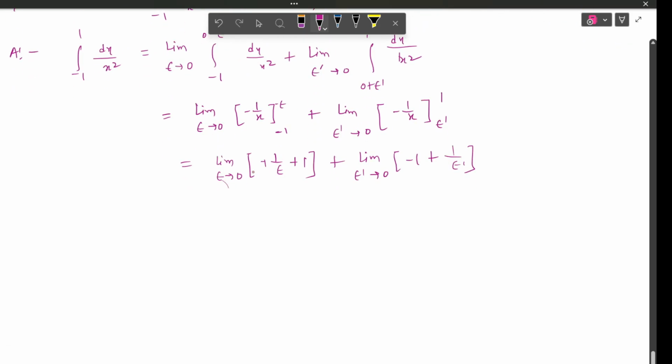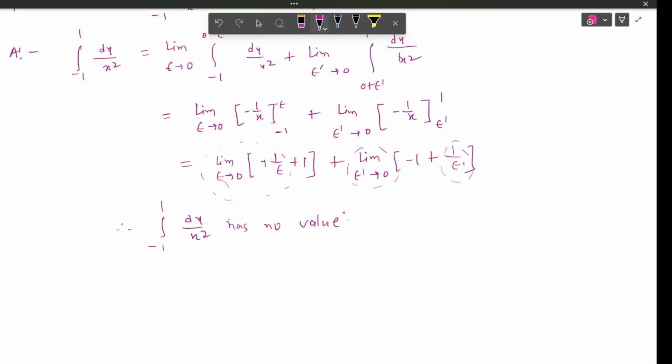So from this we can see that this limit does not exist and this limit also does not exist, because epsilon dash tends to 0 here, and epsilon tends to 0 here. Okay, so we can say that the integral from minus 1 to 1 dx by x square has no value.